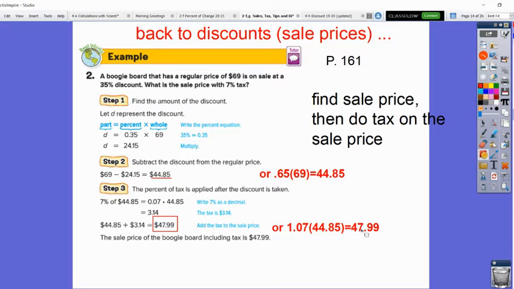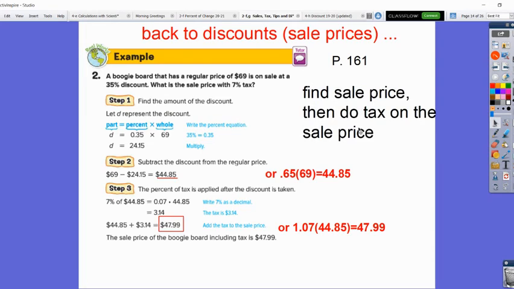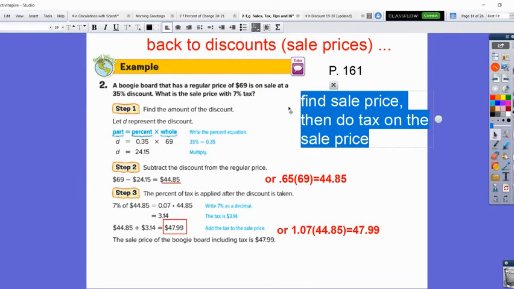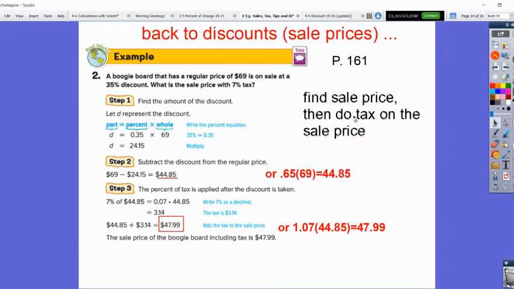You can also go right to that by the one-step method, multiplying $44.85, the sale price, by 1.07, 100% plus the 7% tax. And again, you could do both of these using the percent proportion, which I'm not going to add on here. So in these problems where you have something on sale and then you still have to pay tax, you find the sale price first, and then the tax is based on the sale price.